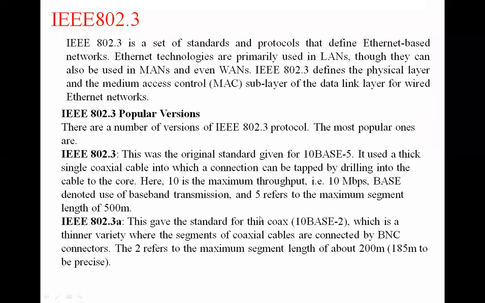Thin cables, a variety of cables are used, and these coaxial cables are connected by BNC connectors. Just type it in Google and you can see the image of the BNC connector. I think you have seen those BNC connectors in day-to-day life. These cables connect to the BNC connectors.